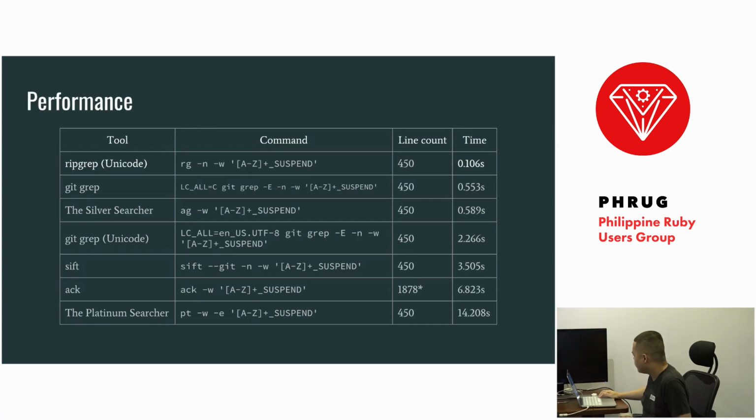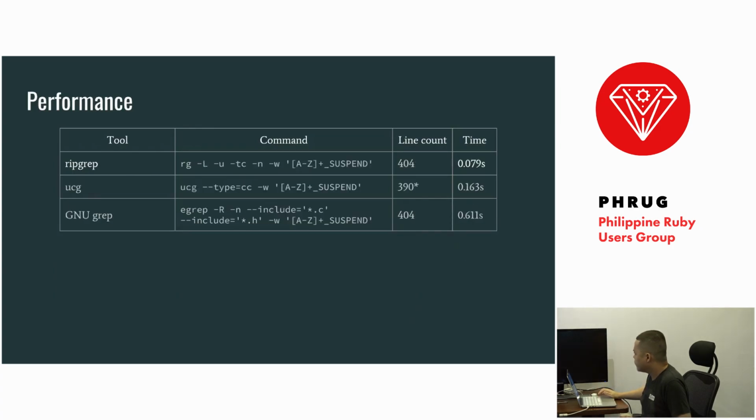And then this is, I think, the ultimate code grep, UCG. I'm not familiar with UCG actually. And then grep is at the bottom, and there's a big difference in performance.